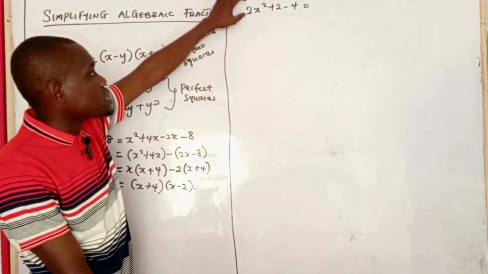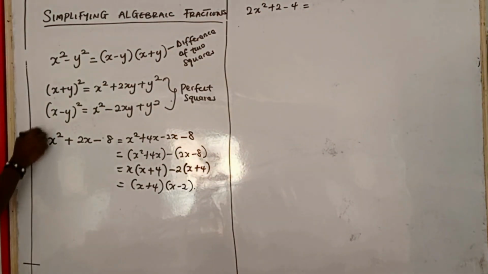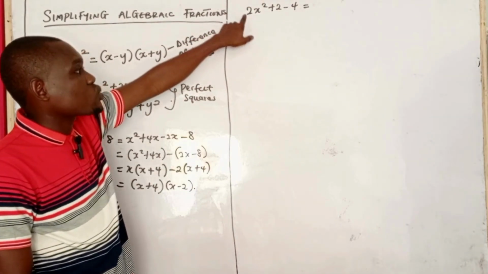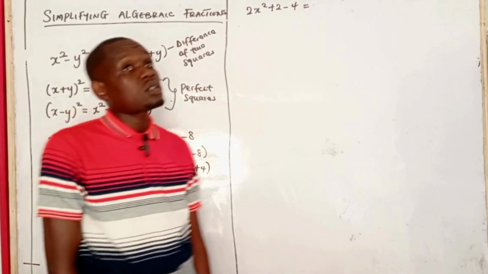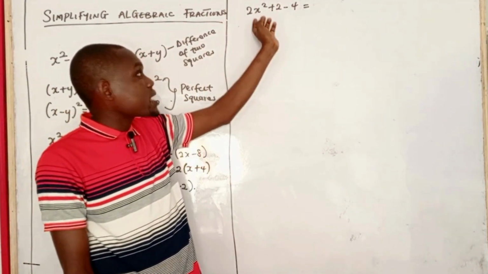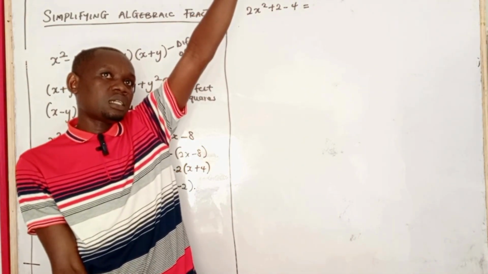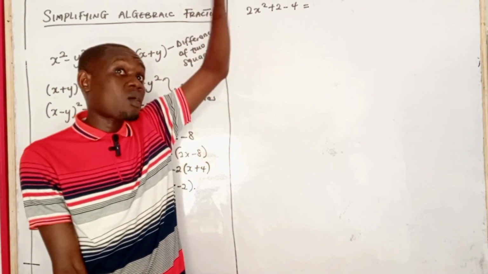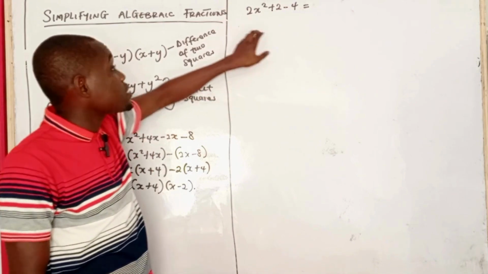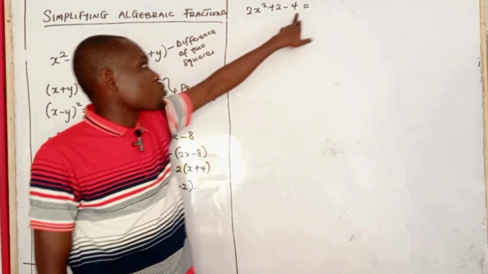So what do we do? In the first one, the coefficient of x squared is 1, but in this one, the coefficient of x squared is 2. If you come across any quadratic expression where the coefficient of the letter carrying the power of 2 is greater than 1, you first need to use that coefficient to multiply the last term.